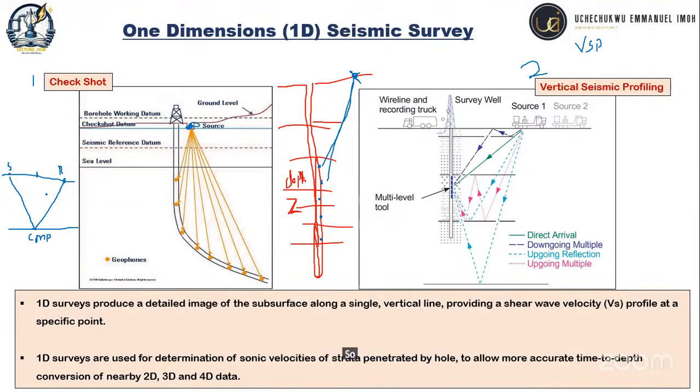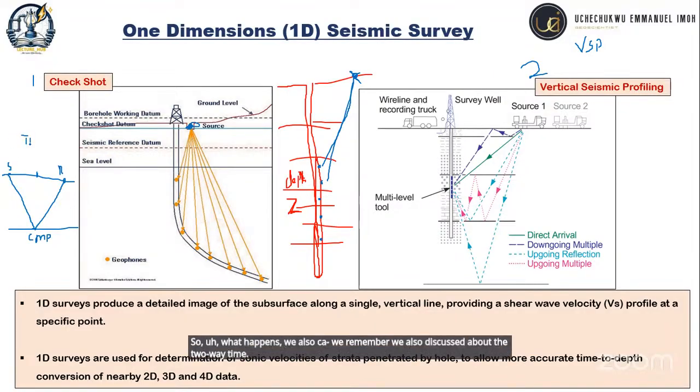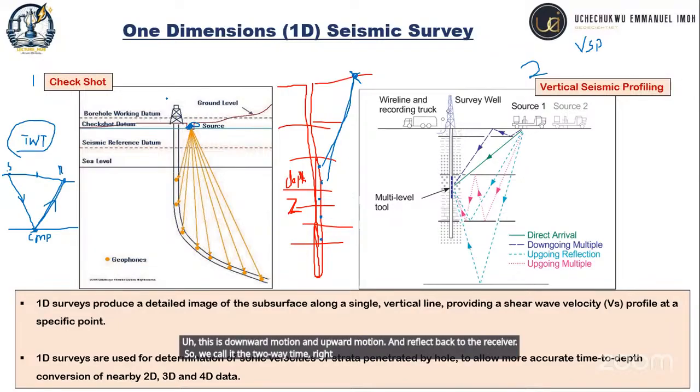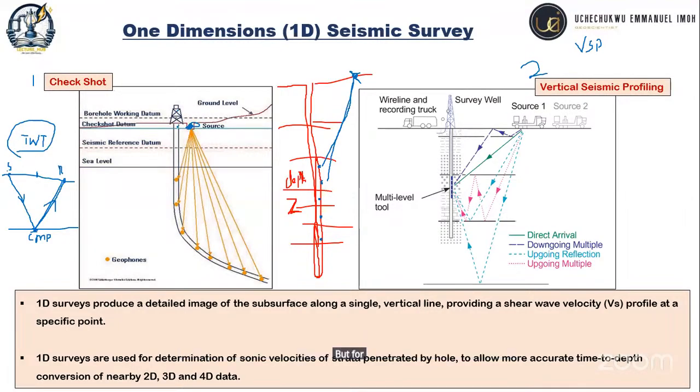We also discussed the two-way time, meaning that the seismic wave traveled from the source to the geologic boundary and then reflected back. This is downward motion and upward motion, and reflect back to the receiver. So we call it the two-way time, right? But for our one-dimensional seismic, we are not interested in the two-way time for the check shots.